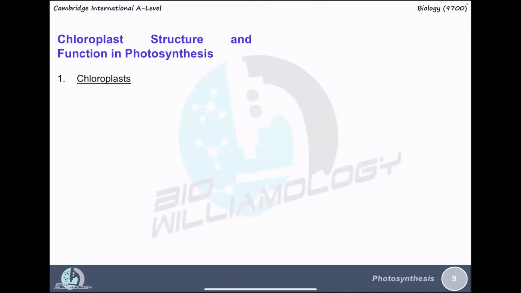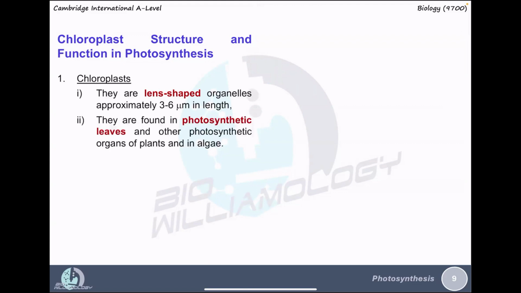So now let us look at the chloroplast structure as well as its functions in photosynthesis. In terms of chloroplast structure, they are lens-shaped, biconvex, approximately 3 to 6 micrometers in length.